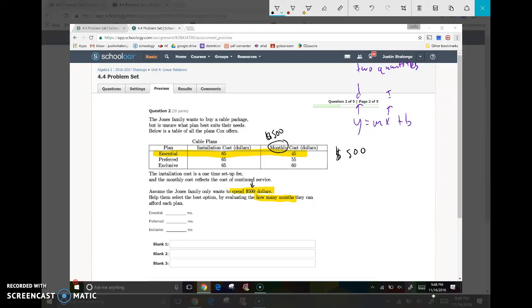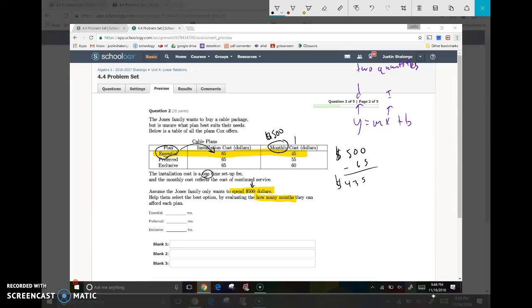In order to purchase this essential plan, we're going to have to pay this installation cost right away. It's a one-time fee, so we're only going to have to pay it one time. So we subtract 65 from our 500 and we get 435. So we have $435 left after we get that cable box that Cox has to install in our house.